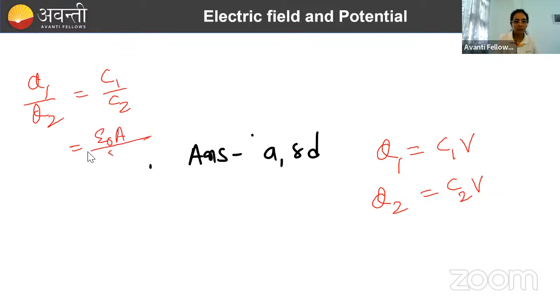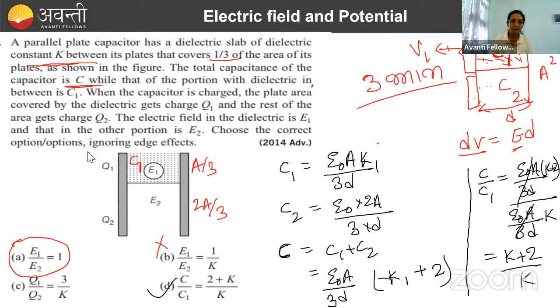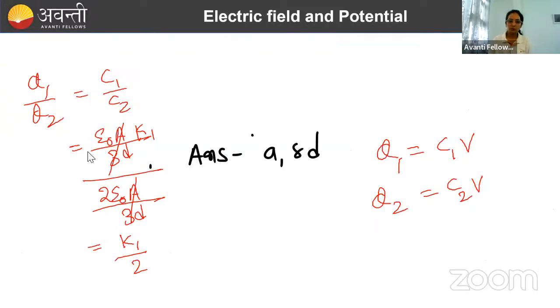Epsilon naught A by 3D K1, divided by how much was C2? That was 2 epsilon naught A by 3D. Done. If we cancel it, we are going to get K1 by 2. So what is given here? 3 by K. That's not correct. That is wrong. Done. So this question was very easy.